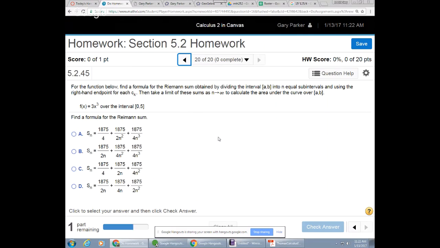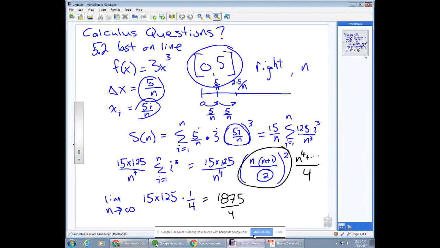Let's see. You think it's C? Let's double check. Where's my work here? Okay, so that would be this stage right here. Interesting. That looks quite a bit different.